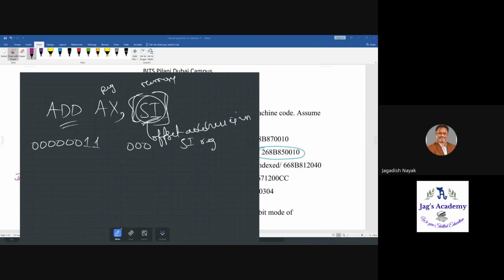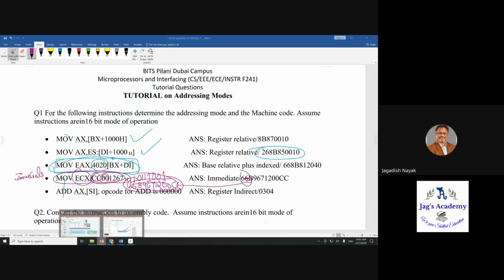Now what are mod and R/M? Refer to the table where you have SI. You should always have this table with you, because without it you can't do anything.